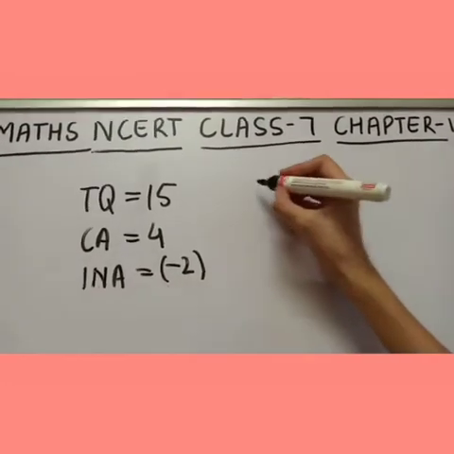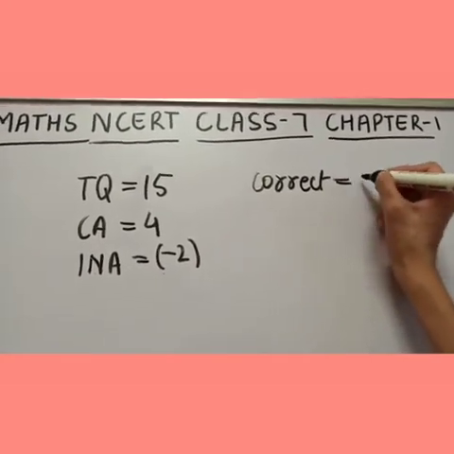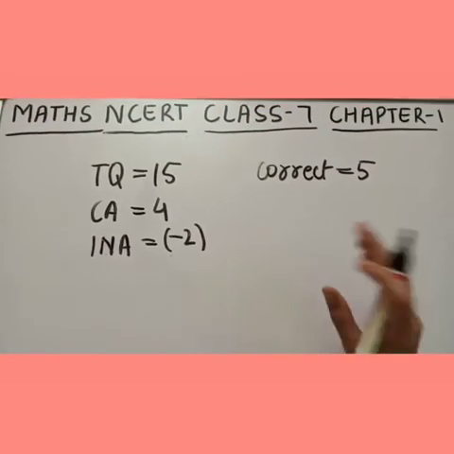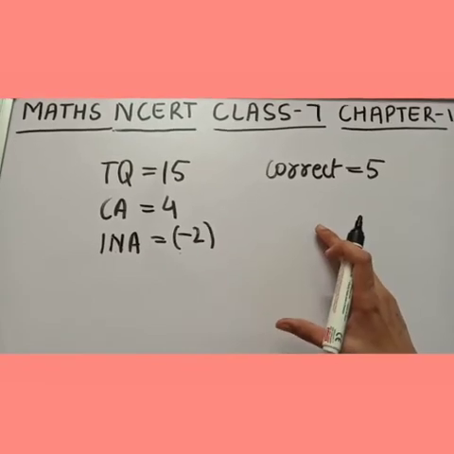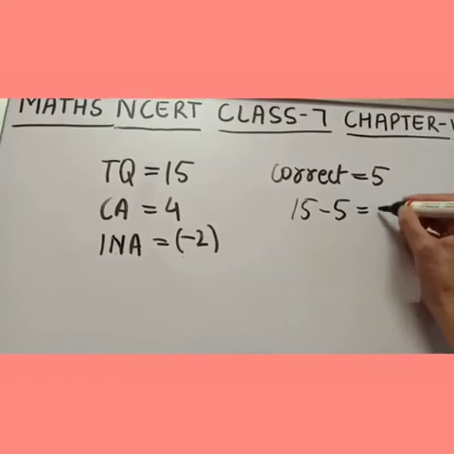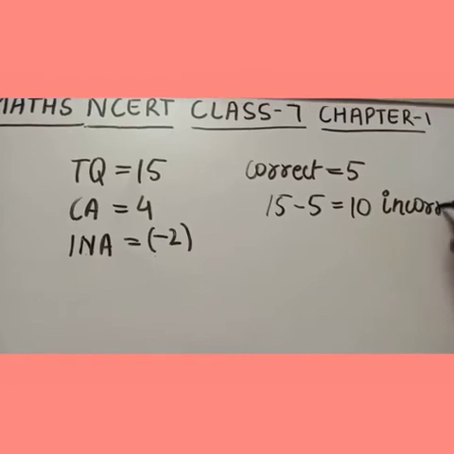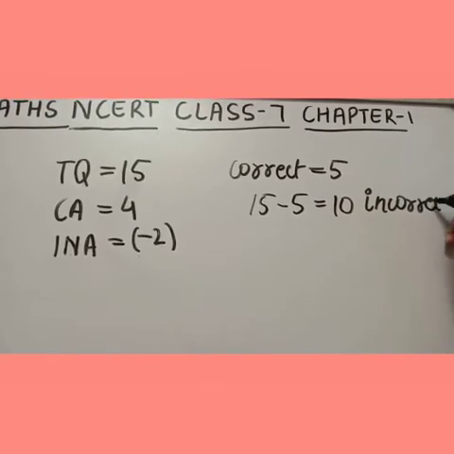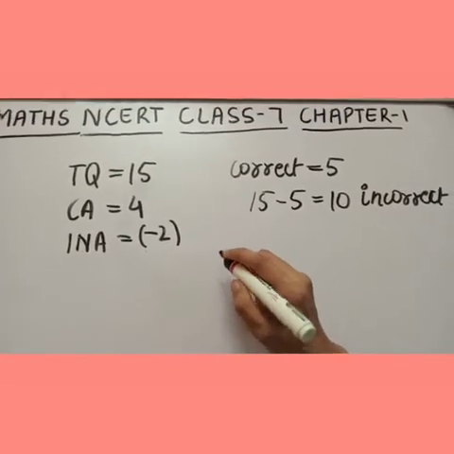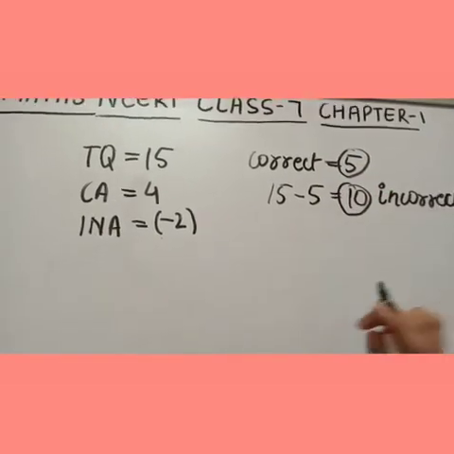Gurpreet's friend got only 5 of her answers correct. Here also they have not given the number of incorrect questions, so we will find out 15 minus 5, that will be 10. That is the number of incorrect questions, as we found in the previous part. So 10 has come, and 5 was given, 10 we have found.